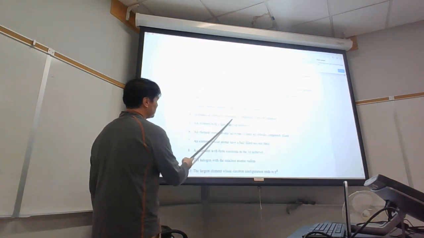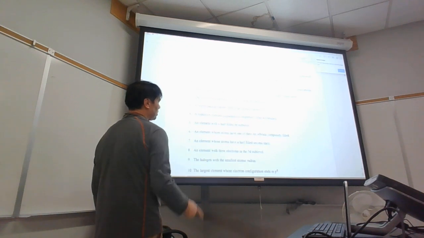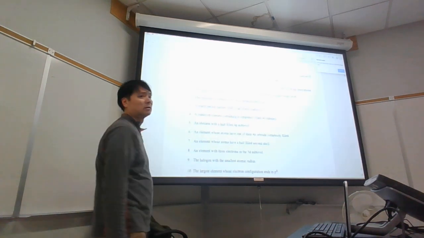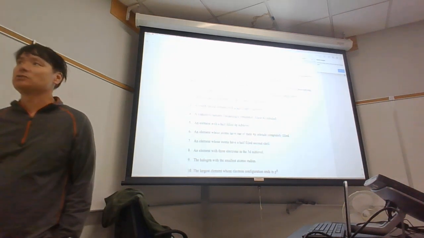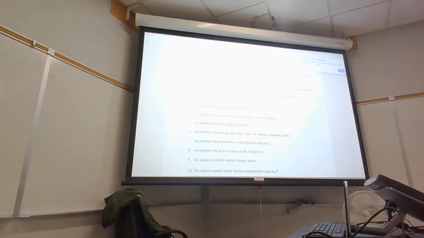A transition element containing a completely filled 4D subshell. So the first D is 3D, and then we have the 4D. So what transition element has a completely filled 4D? Cadmium.